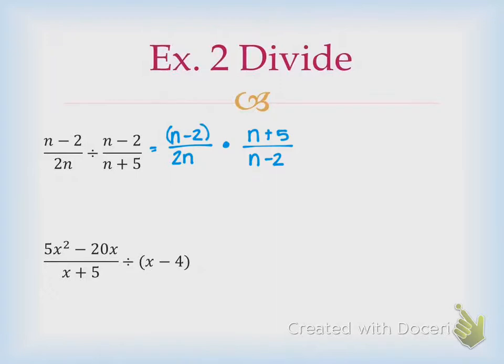Parentheses need to go here, here, and here. What can I cancel out? N minus 2. So I'm left with n plus 5 over 2n. Is there anything else I can cancel out? Nope. This is my final answer.